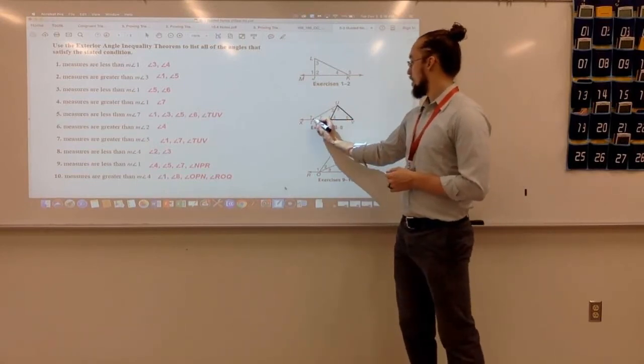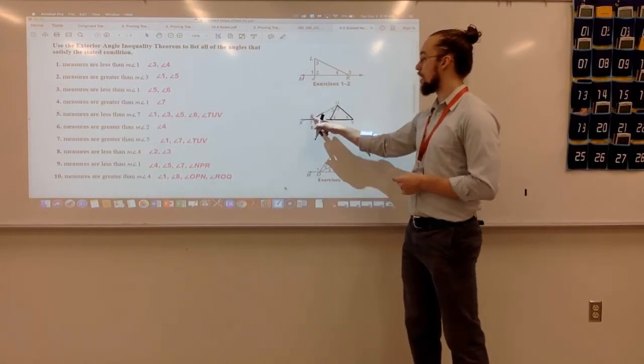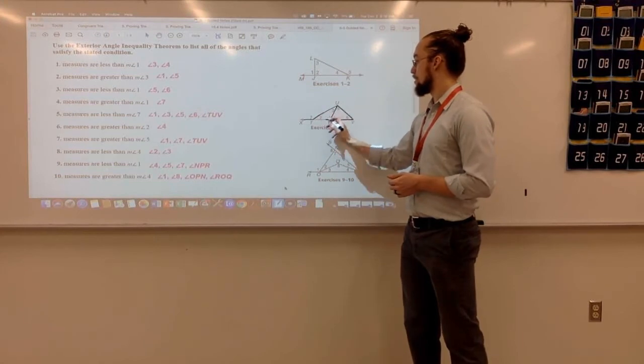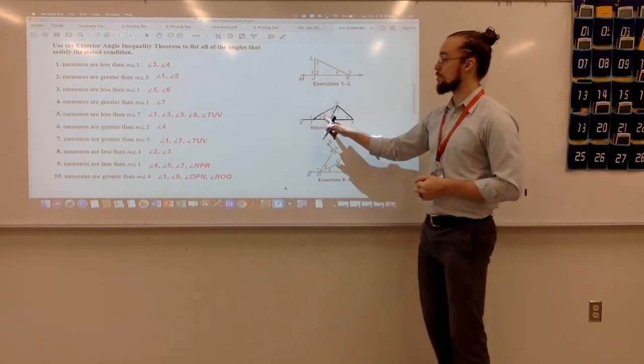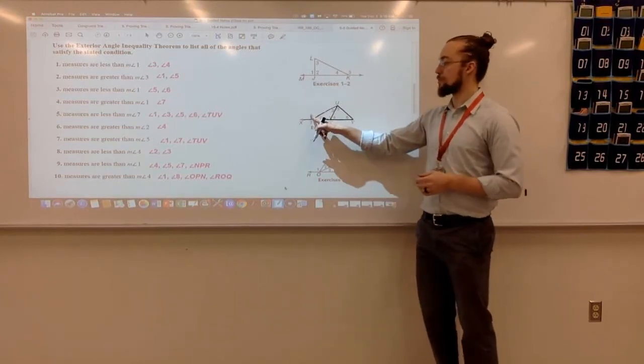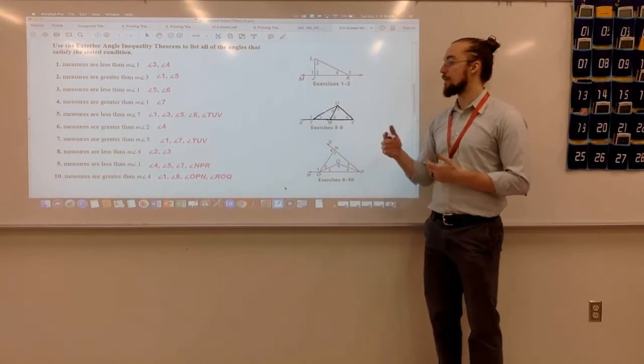Then, angle 7, by the logic we used back in number 5, is exterior to this triangle. So angle 7 has to be greater than angle 1, which means angle 7 would also have to be greater than angle 5, because 1 is greater than 5.